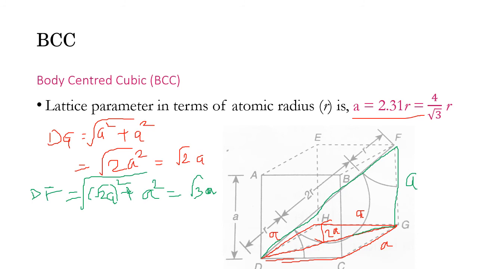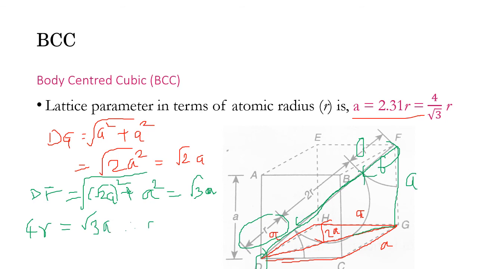So as you can see here that DF can be calculated in terms of radius by adding the radii of this corner atom that lies at corner D, plus the diameter of the body centered atom, plus the radii of the corner atom at corner G. So r plus 2r plus r gives us 4r equals root 3 a.